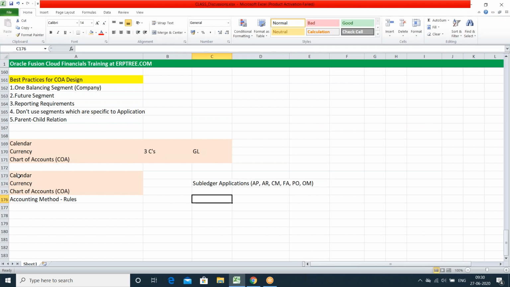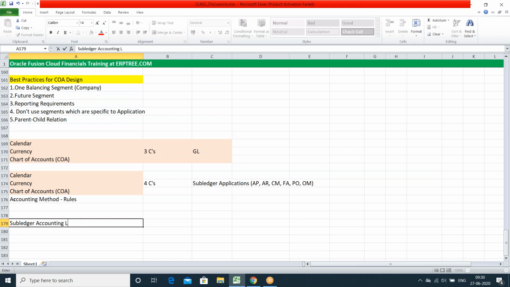Here, these 3 we are calling the 3 C's. And what Oracle says is, in the accounting method, ignore the first A, consider the second letter C. Now say these are the 4 C's. The accounting method is required in the subledger applications only.